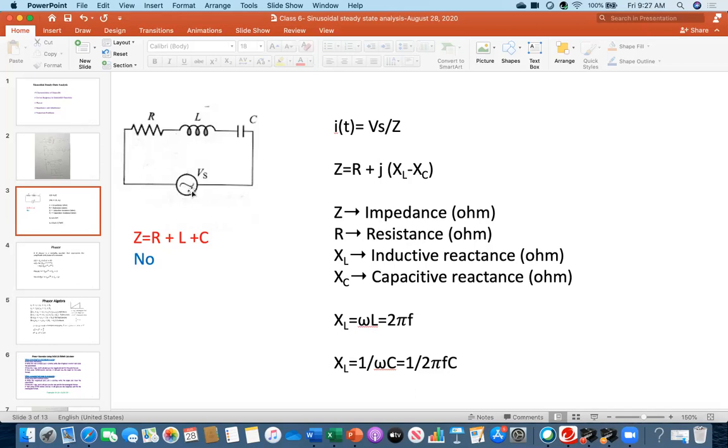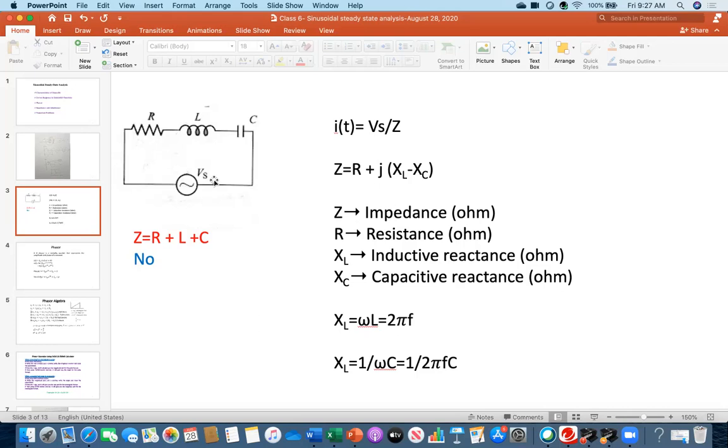But here, because it is AC, in most cases this symbol is used. Now say you have this series circuit, R, L, and C, with whatever values, and you are told to find the current. How will you calculate the current?